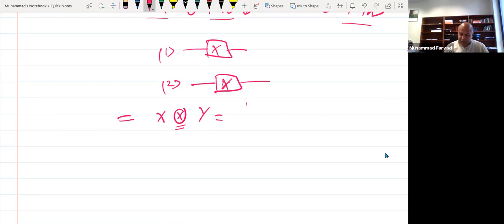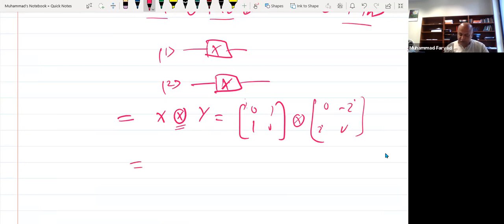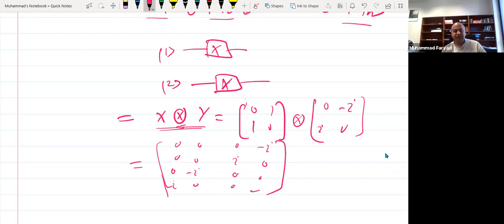For example, X is 0 1 1 0, and Y is 0 minus i, i 0, and then we have to work out the tensor product: the 0 multiplies with all of them, and this 1 multiplies with all of them, and this 1 multiplies with all of them, and 0 multiplies with all of them. So this matrix represents this composite 2-qubit gate.